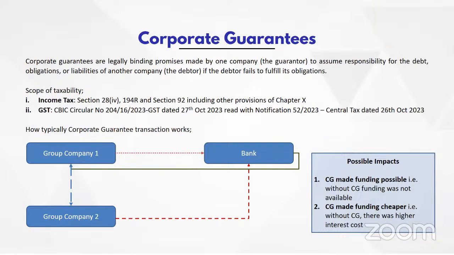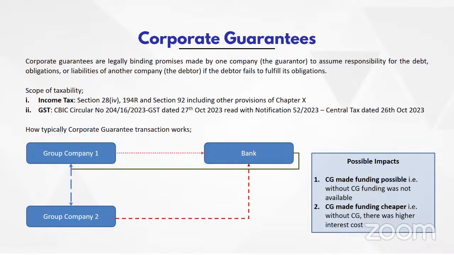Without the corporate guarantee, the loan is not available. That generally happens when the company taking the loan is thinly capitalized. The capital is not adequate. And when the capital is not adequate, the bank says, no, boss, your capital is not adequate, I will not give you the loan.